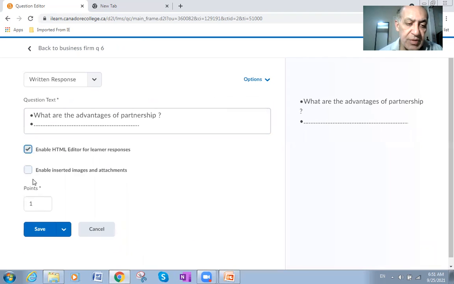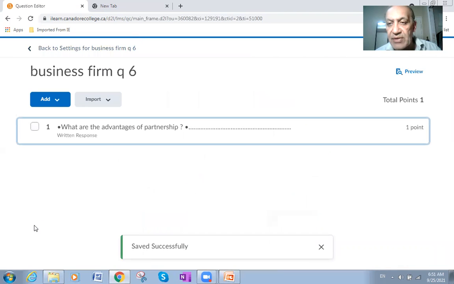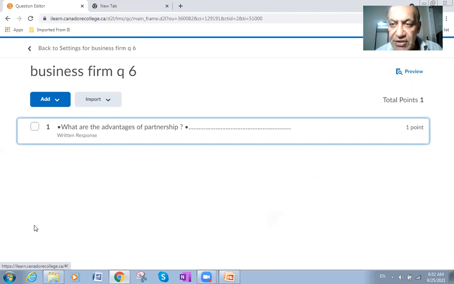What are the advantages of partnership? Then we'll go to what are the disadvantages of partnership.